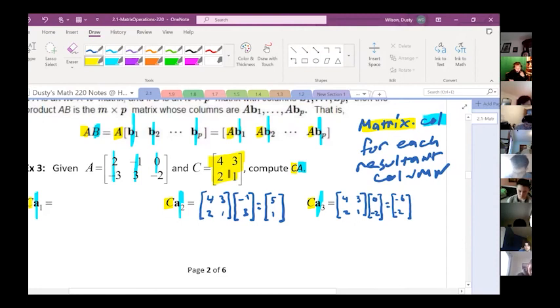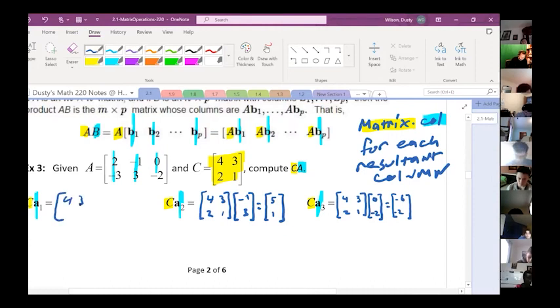And so to do this, we could find C times A1. So that would be 4, 3, 2, 1 times A1, which would be 2, negative 3. So here I'm taking the yellow C and multiplying it by the first column of A. And that's going to equal, remember how you do this?